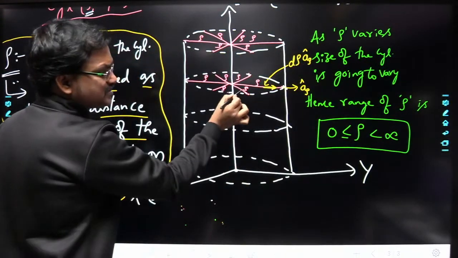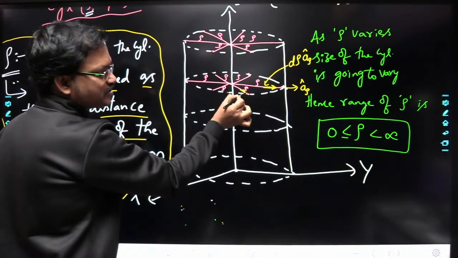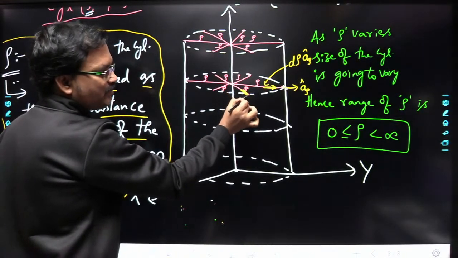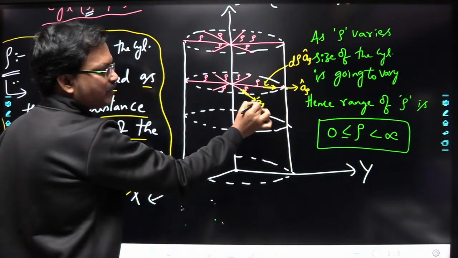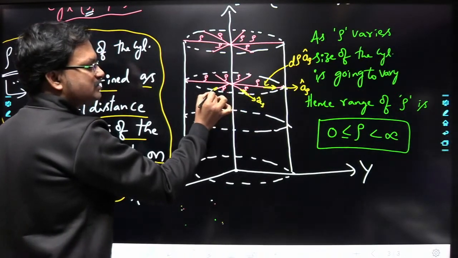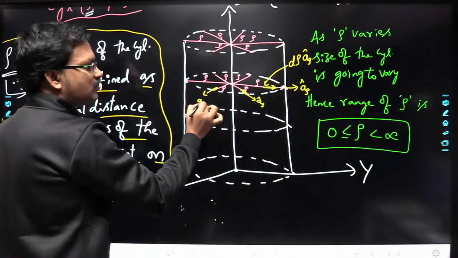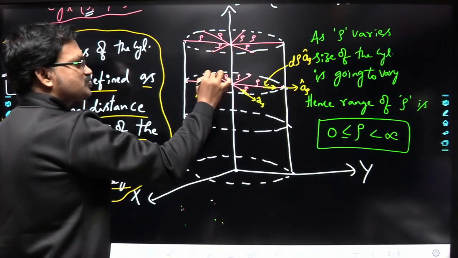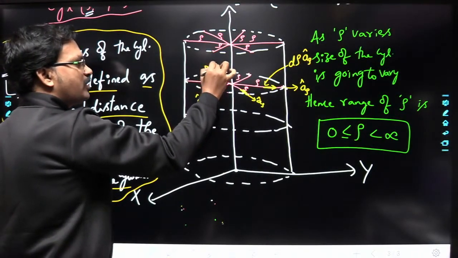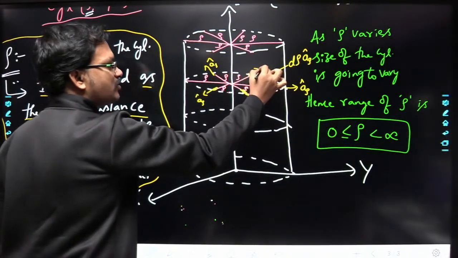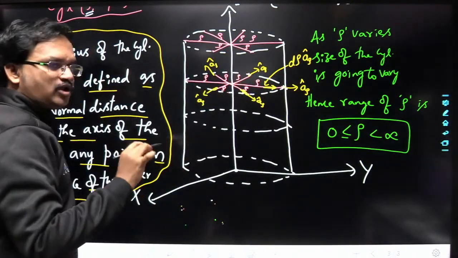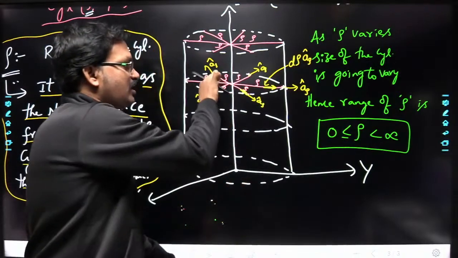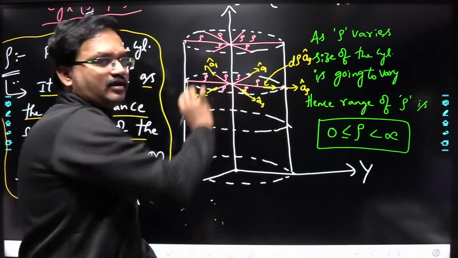Now if I consider a small differential length at this location here, this direction, the radial direction, is nothing but a rho cap. At this point, this represents a rho cap. So a rho cap will always point in the radial direction.